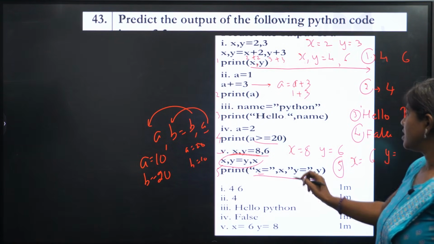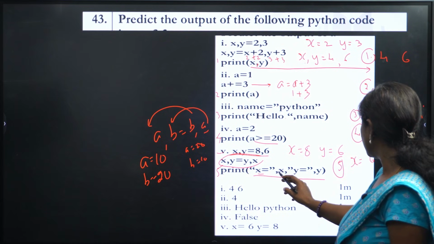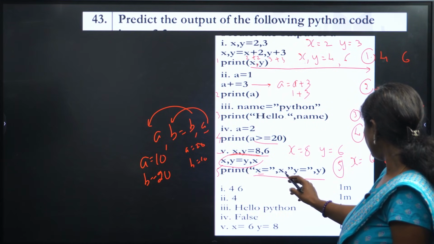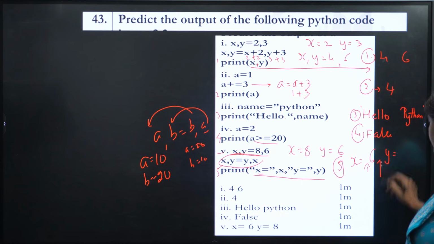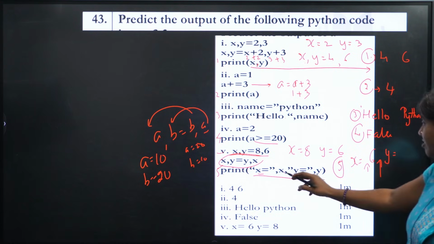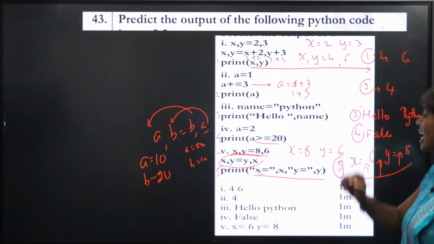Definitely a space is there. x, space, 6. Yes, there is a space. I'll just indicate the space like this, because after this also there is one space. y equal to, space, and then y. y is what? 8. This is how the output comes.